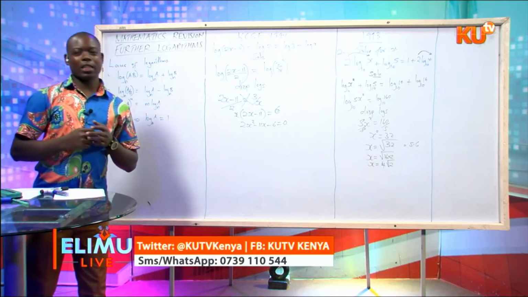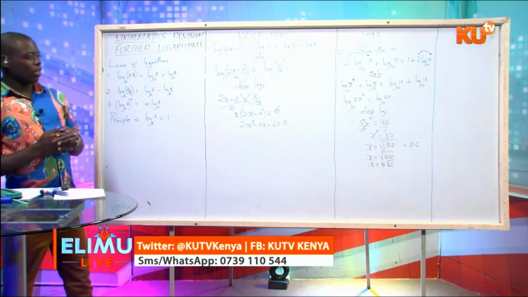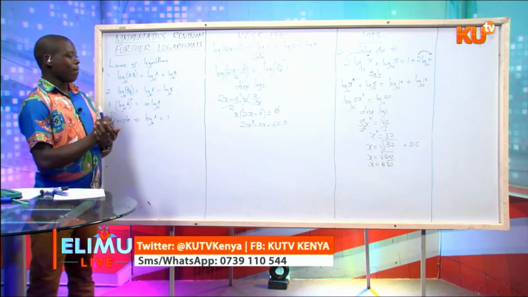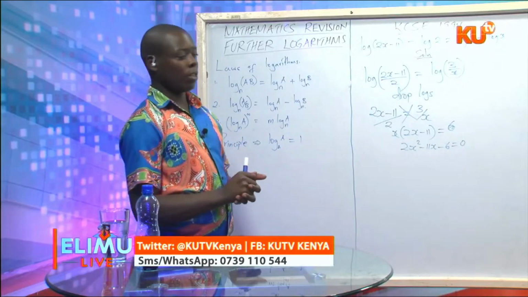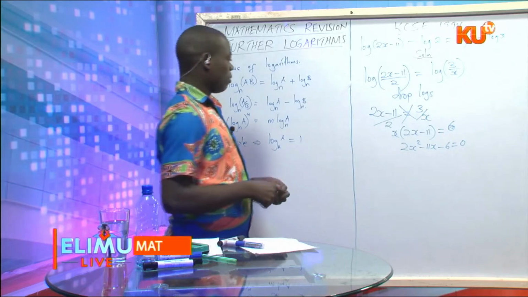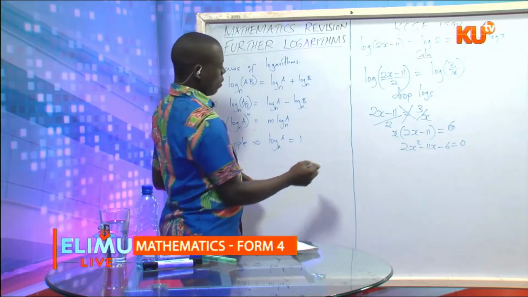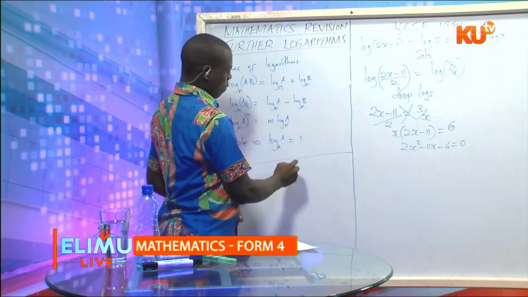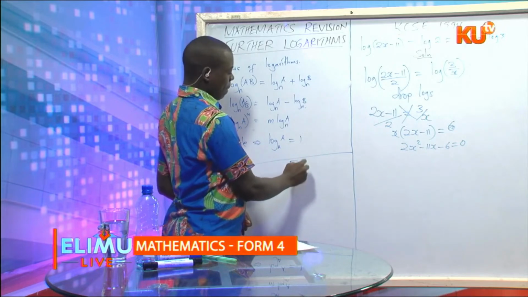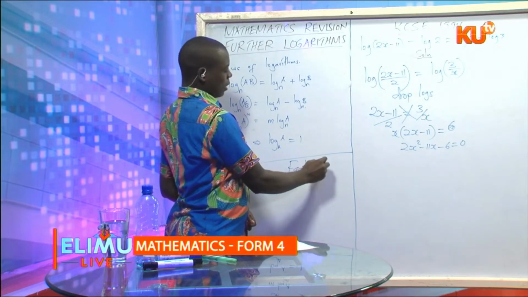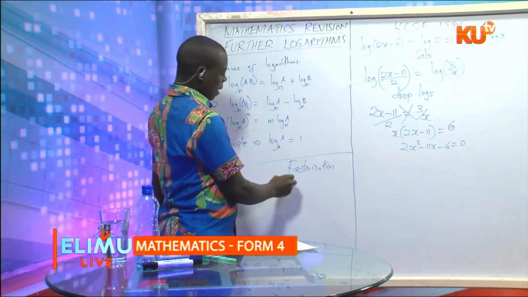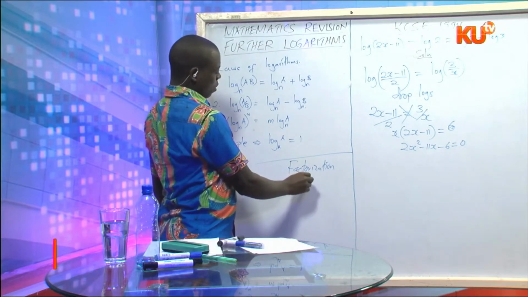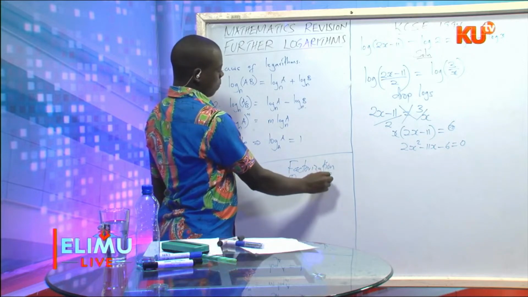And that is a quadratic equation. So we need to apply quadratics. There are different methods of solving quadratic equations. I presume that we all know the methods. We have what we call the factorization method. You can use the quadratic formula.